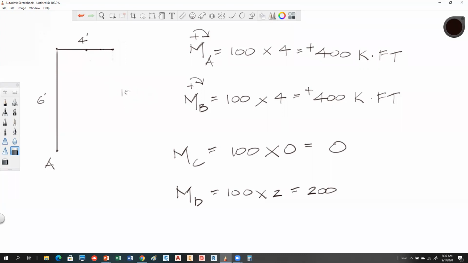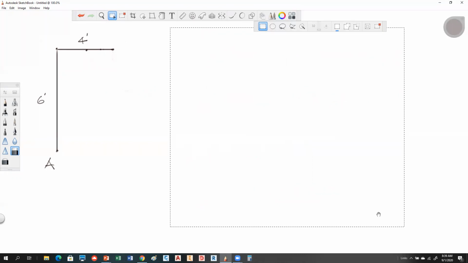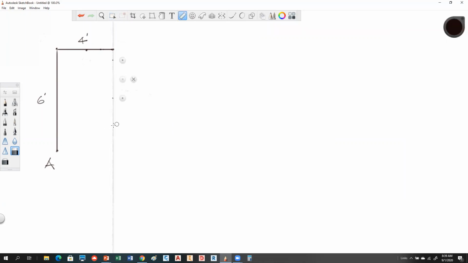So what's going to happen? Let's change this up a little bit. If I change the angle of my force, let's say we have a force acting like this now.